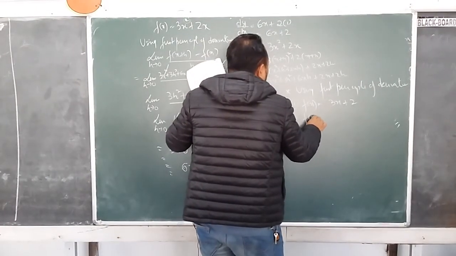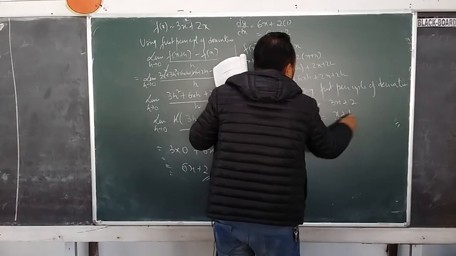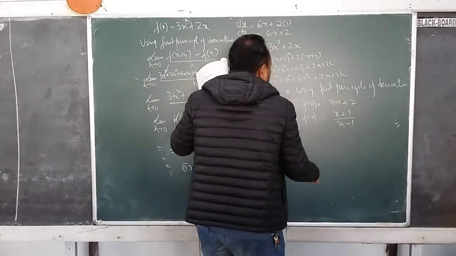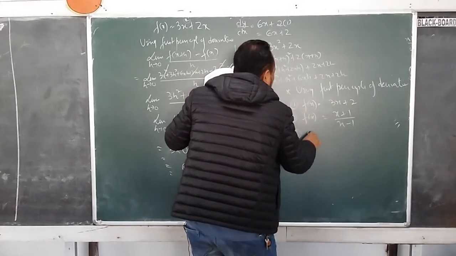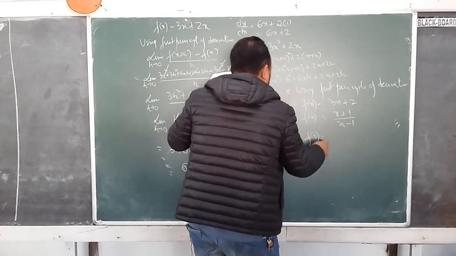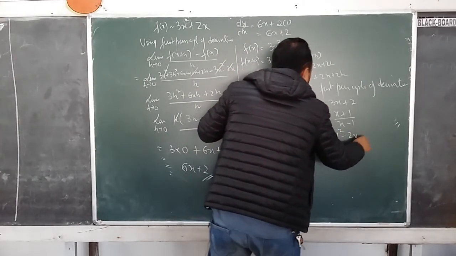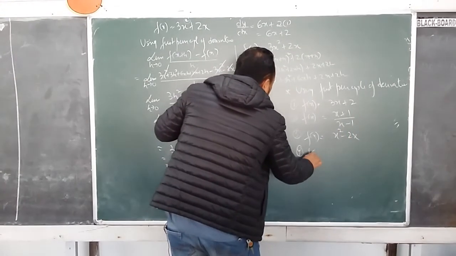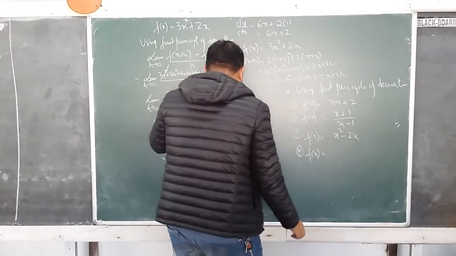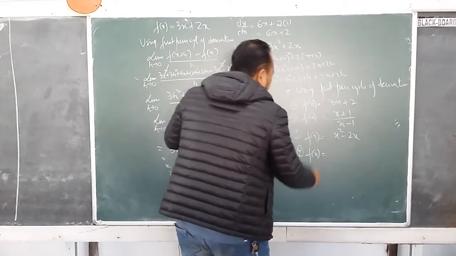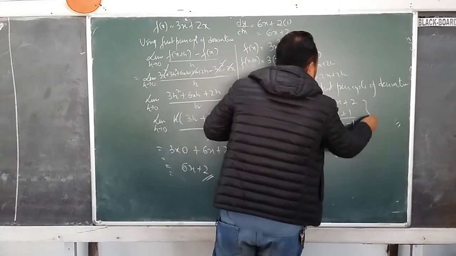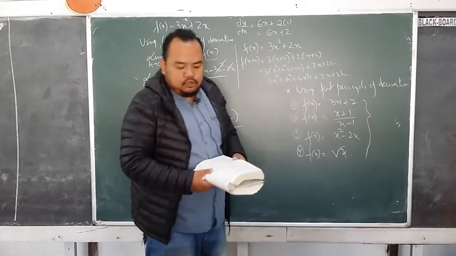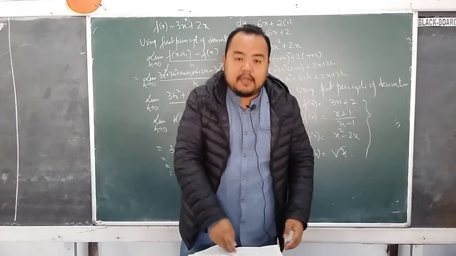Number 2, f(x) equal to x plus 1 divided by x minus 1. Number 3, f(x) equal to x square minus 2x, and the fourth one, f(x) equal to root x. So I want you all to do these questions at home.